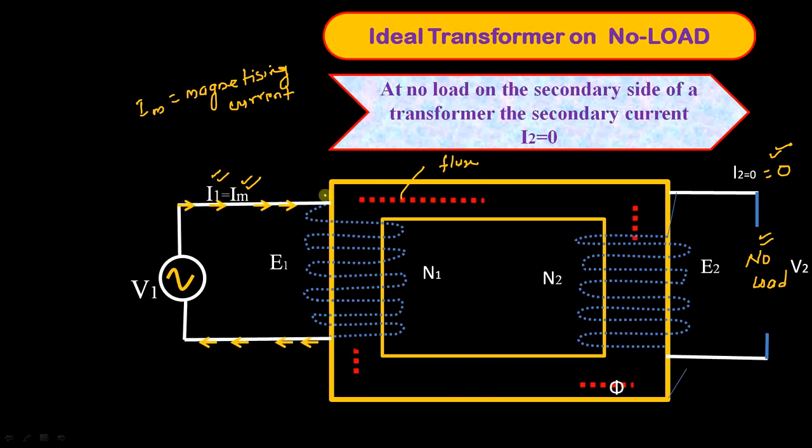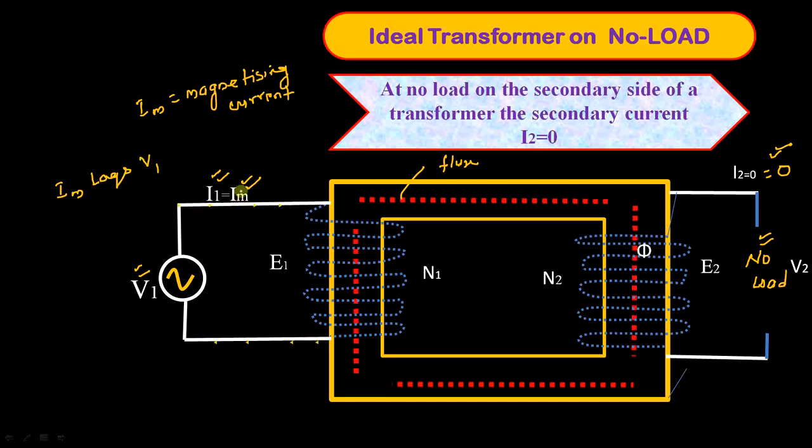Therefore, the magnetizing current Im lags the supply voltage V1, and due to this magnetizing current, flux is produced in the core of the transformer.